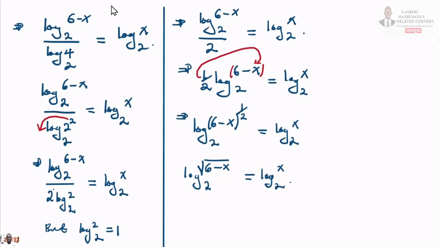In here, since the bases are the same, we can just compare the numbers. This is what I mean. It implies that the square root of 6 minus x equals x. So we have the root of 6 minus x being equal to x. From here, we are going to square both sides so that we can eliminate this square root.